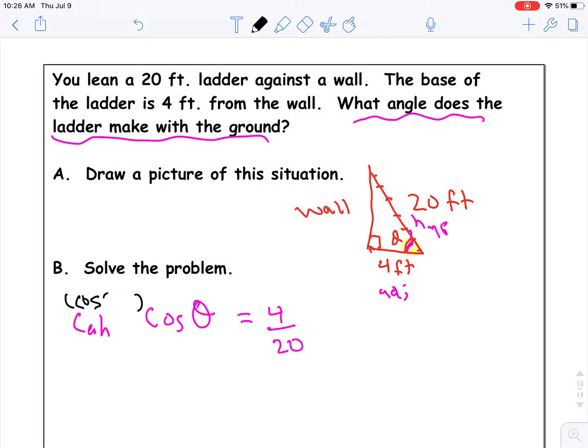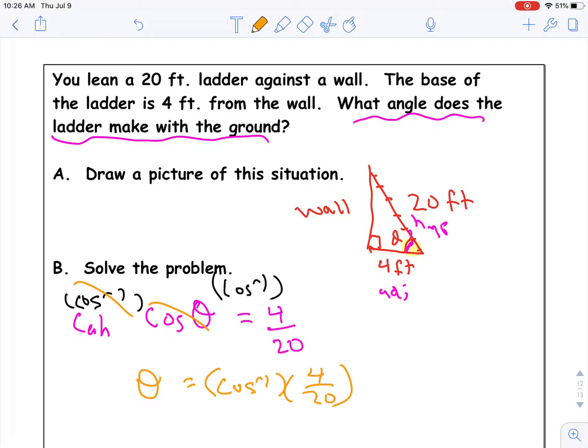So now again, to solve this, I need to use the inverse cosine, multiply each side by the inverse cosine. So again, these things cancel out. And so what I'm left with is that theta is equal to the inverse cosine of 4 over 20.